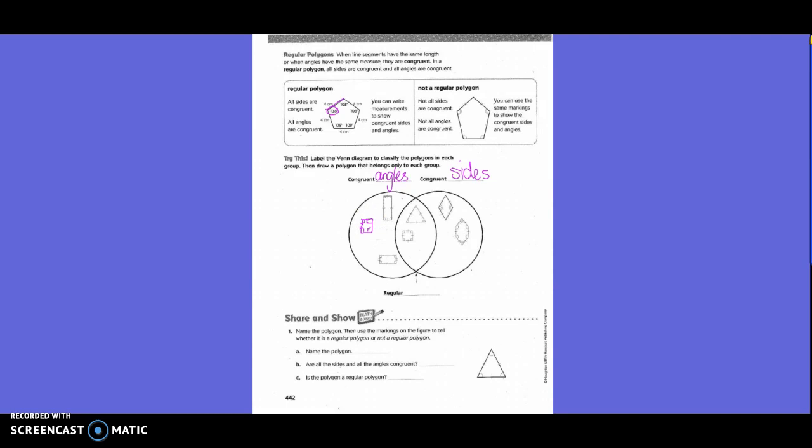Okay. Then over here, if we wanted all congruent sides, we could do like a little T or something. Which of course, if we really wanted to, what would be the best way to make sure all our sides are the same length? A ruler. Get a ruler and make sure that they're measured. Okay? And then in here, these are all regular what in the center?